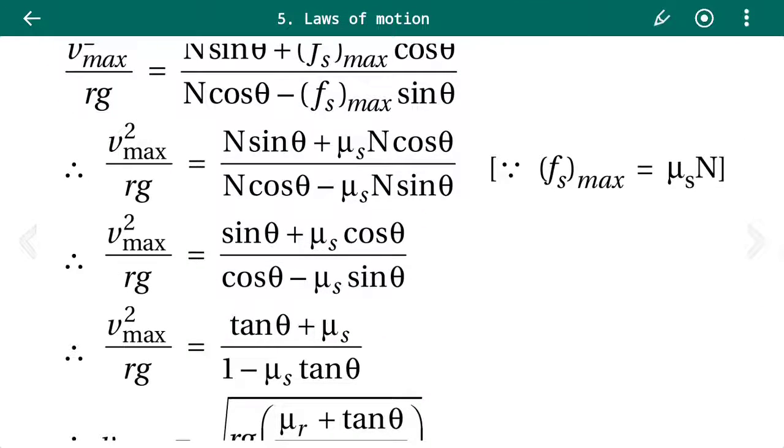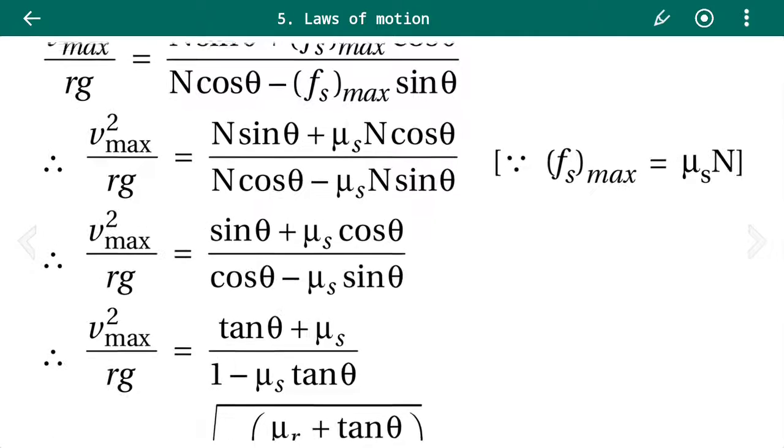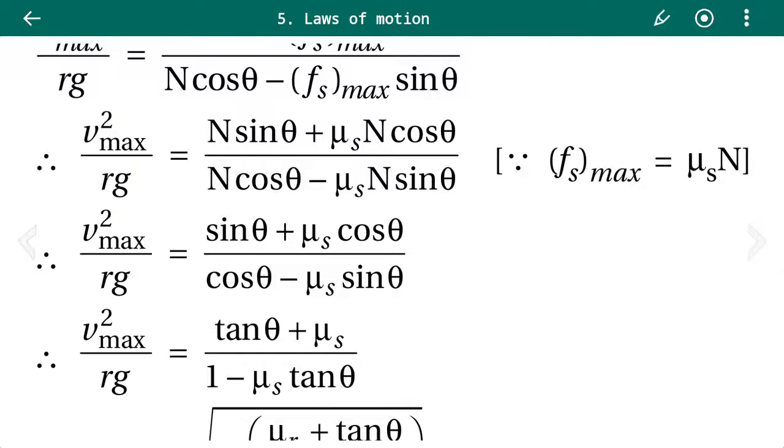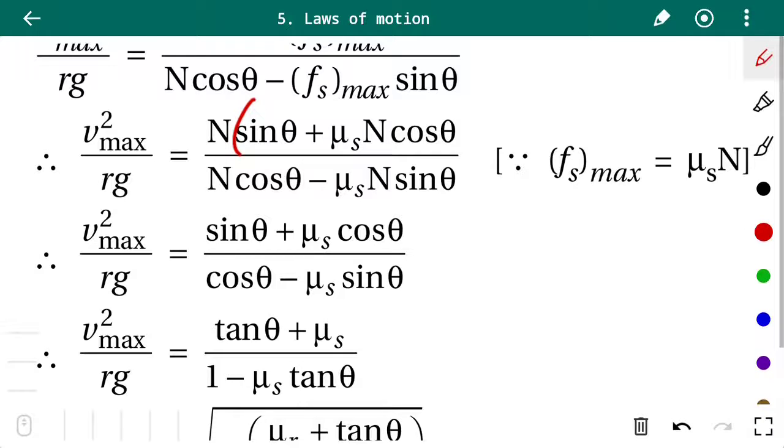So it will be n sin theta plus mu s n cos theta upon n cos theta minus mu s n sin theta. So it will be v max square upon Rg equals, taking n common in the upper term and lower term and cancelling out the n, we get sin theta plus mu s cos theta upon cos theta minus mu s sin theta.